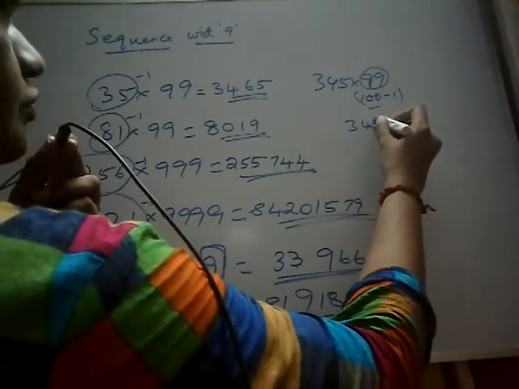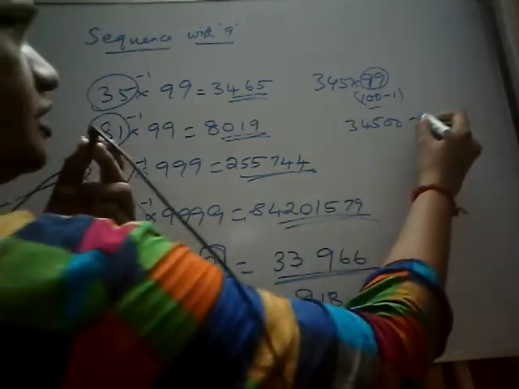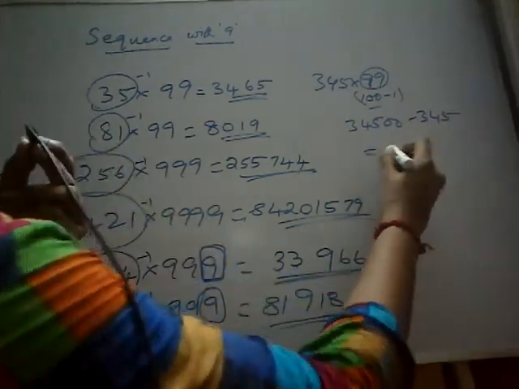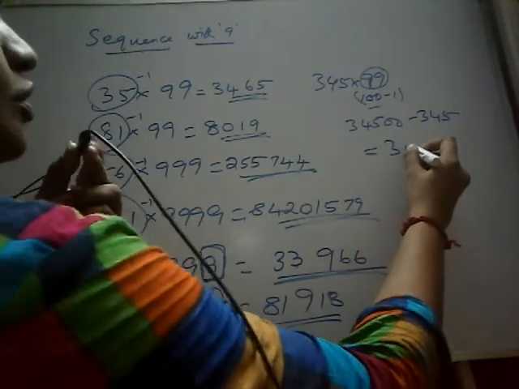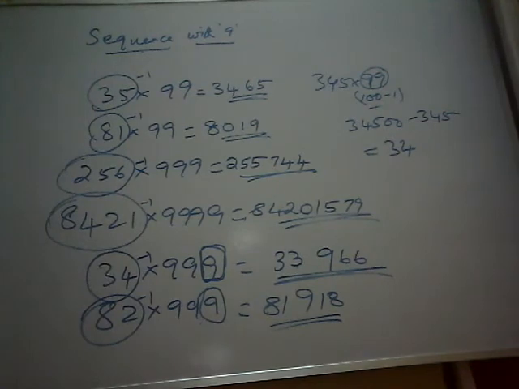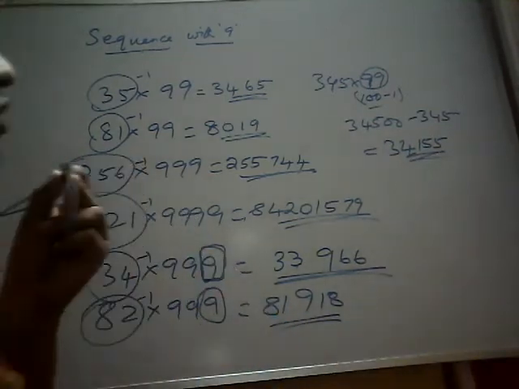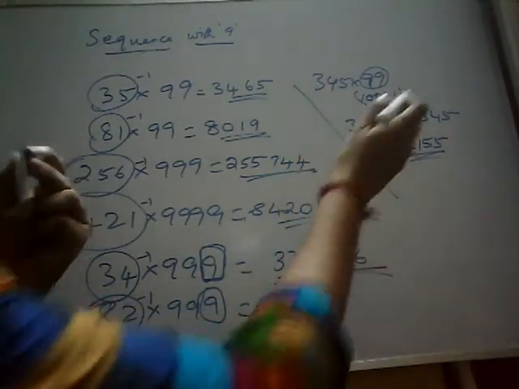Round off to 34500 minus 345. That gives you 3000 and then, what is 500 minus 345? That is 155. That will give you the answer for 3-digit by 2-digit.